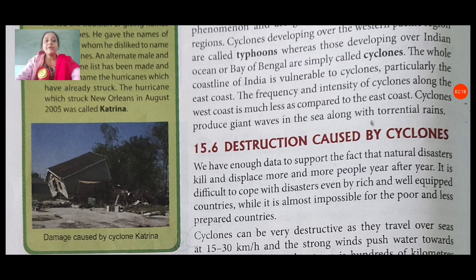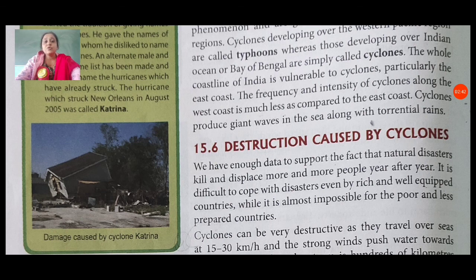We have enough data to support the fact that nature kills and displaces more and more people year after year. It is difficult to cope with even by rich and well equipped countries, while it is almost impossible for poor and less prepared countries.